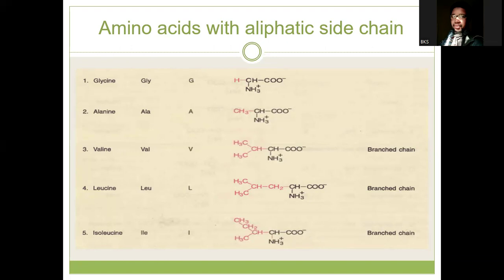So when you look at valine and isoleucine, the difference is that, yes, the branch is formed on the beta carbon, but one branch is longer in terms of the number of carbons than the other.